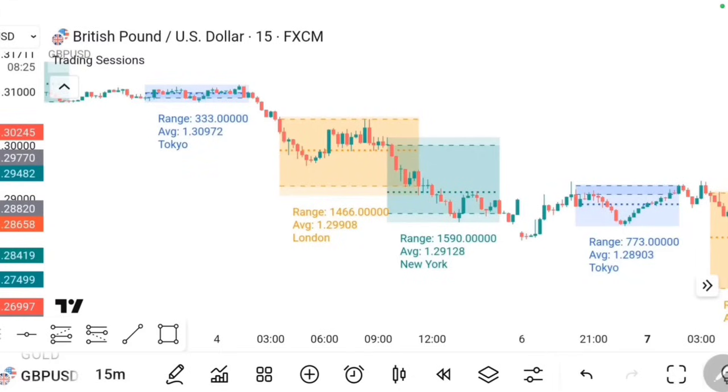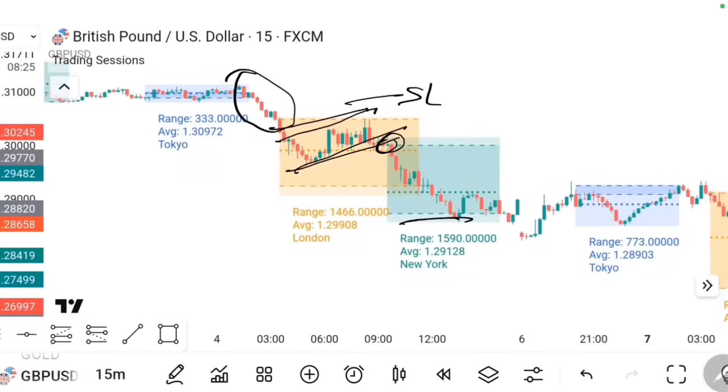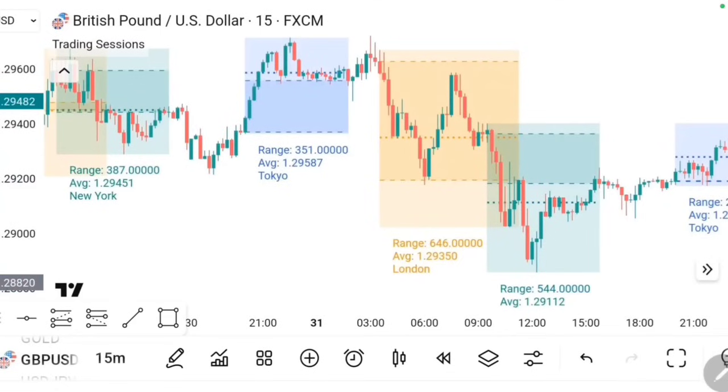Your goal, just before the open of the New York session, is to identify a flag at the London session. Just as you have identified this flag right now, your entry is at the breakout of the flag. Sometimes there's going to be a retest. You have your stop loss, and your take profit is just about the same distance as the first leg of the move.